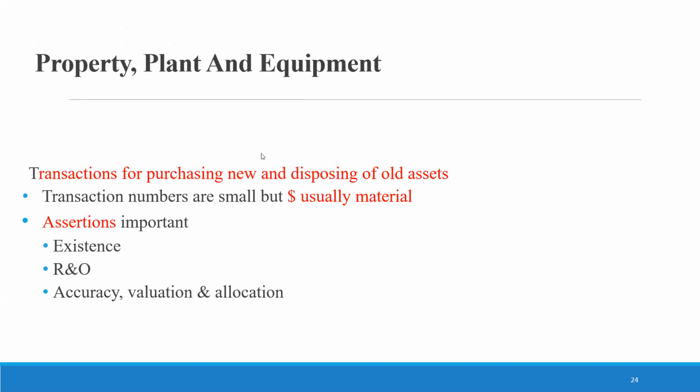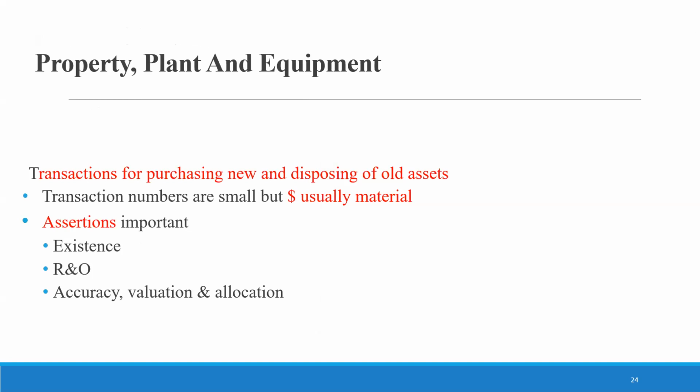So in the PPE accounts, what assertions are usually significant and important, usually material? Existence. For the auditors, we often need to check that the PPE items indicated in the books should exist. How can you verify the existence of the PPE item?